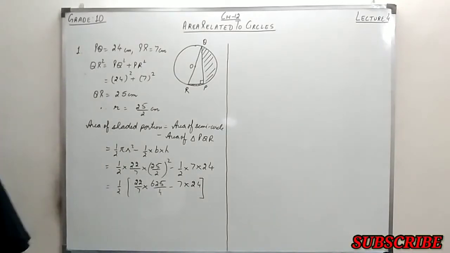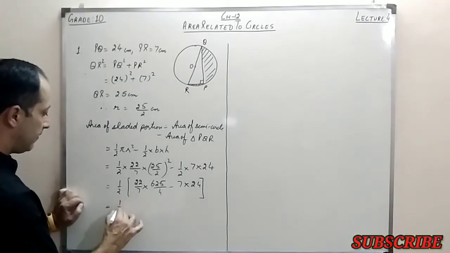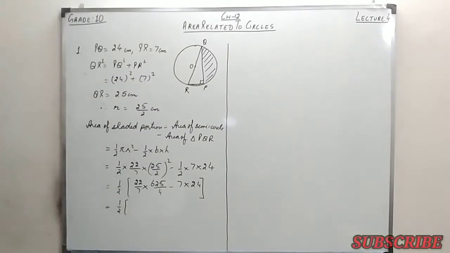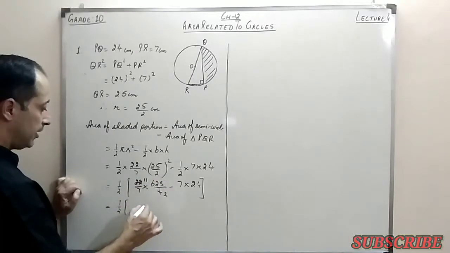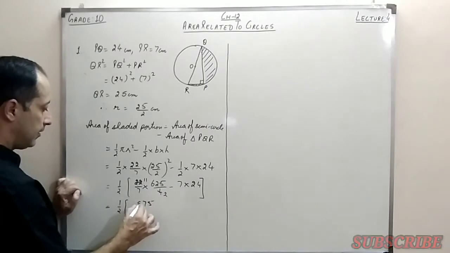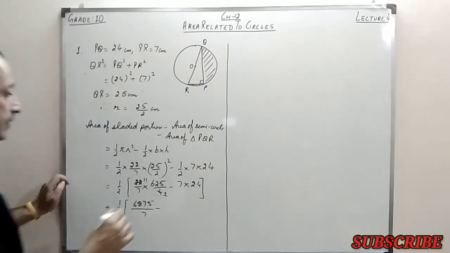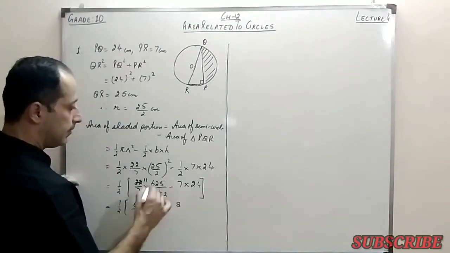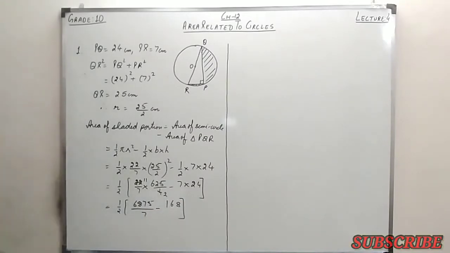Now we simplify this thing, we get it as 1 upon 2, and when we simplify, this cancels, this is 2, this is 11, so we multiply, this is 5786 upon 7 minus 168.